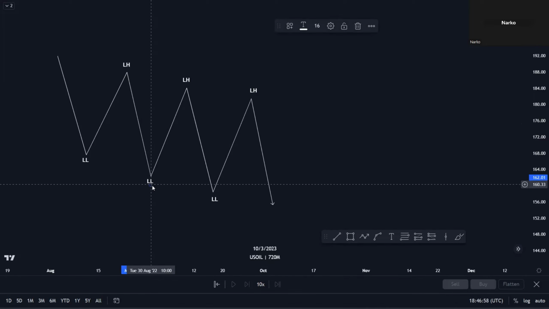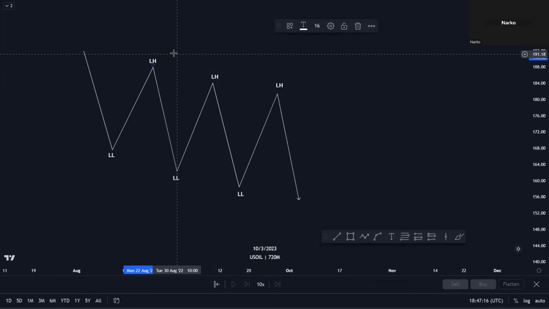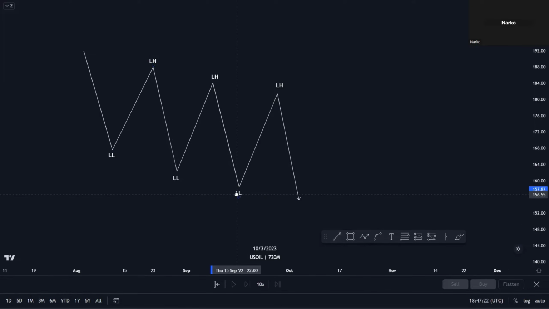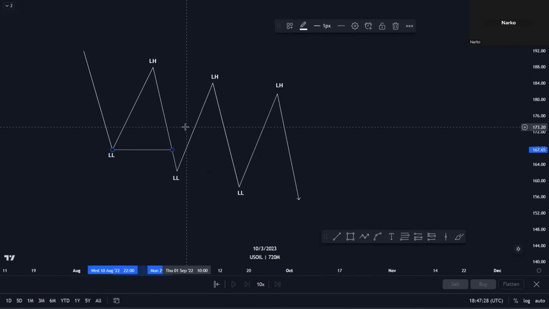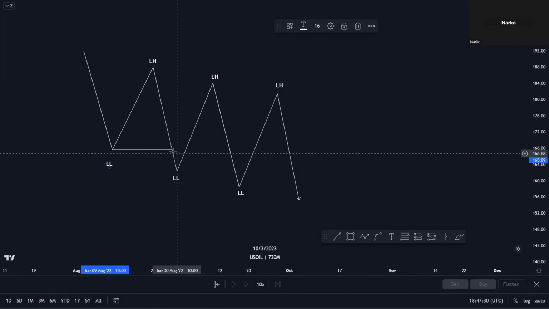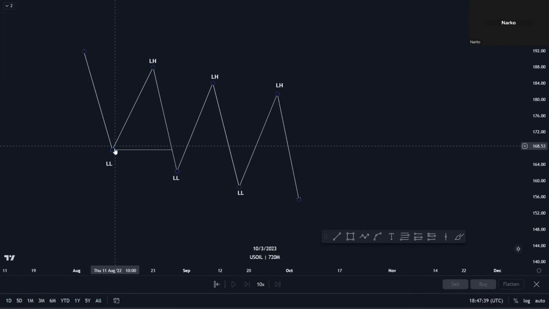And the rules and properties of a bearish trend are that in a bearish trend, price should violate our previous lower low and respect our previous lower high, and then onwards. And for a break of structure to be valid, price has to close with a candlestick body below our previous lower low.